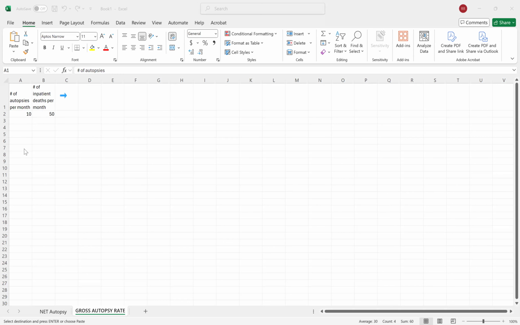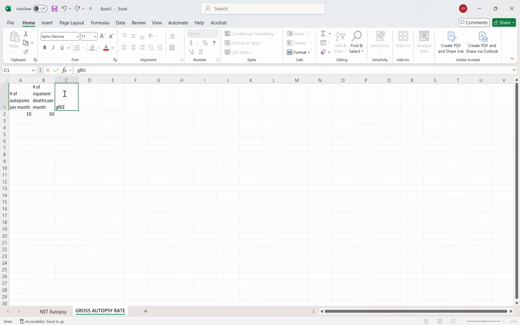So the gross autopsy rate, we know from the formula in our book, press equals to do the formula, and we're just going to click on the cells. It's going to be the number of autopsies done in a month, which in this case is 10, divided by the number of inpatient deaths in the same month.